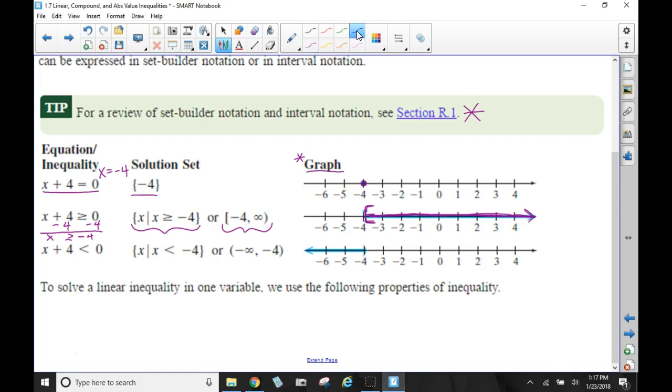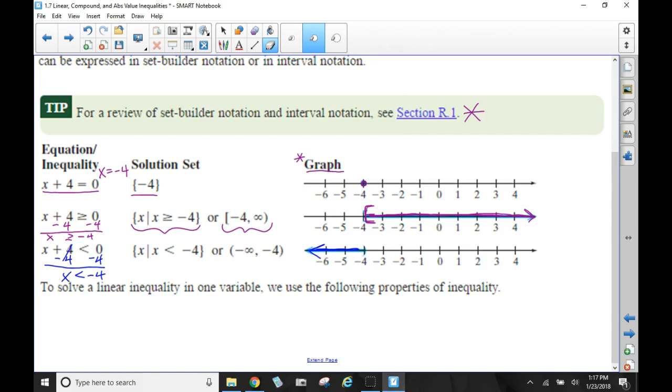Now down here on this next one, when we subtract 4 from both sides, once again to solve the inequality, we would have x is less than negative 4. So here we want all the values of x that are less than negative 4. In high school algebra, you would have put an open circle there, and the values of x that are less than negative 4 fall back to the left of negative 4.